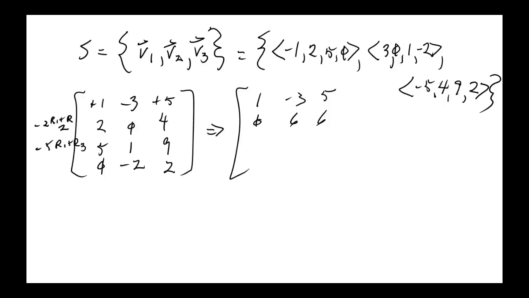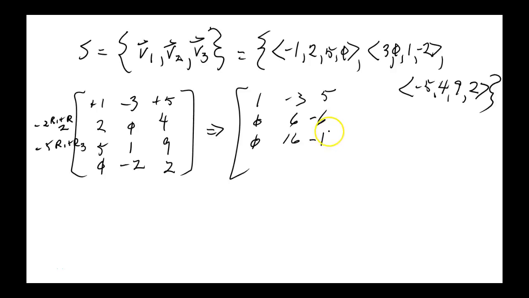Negative 6. Sorry, negative 6, right. And that would be a 0. Negative 15 plus 1, which is negative 14. So minus 5 times minus 3, and 25 minus 9, which is 16.